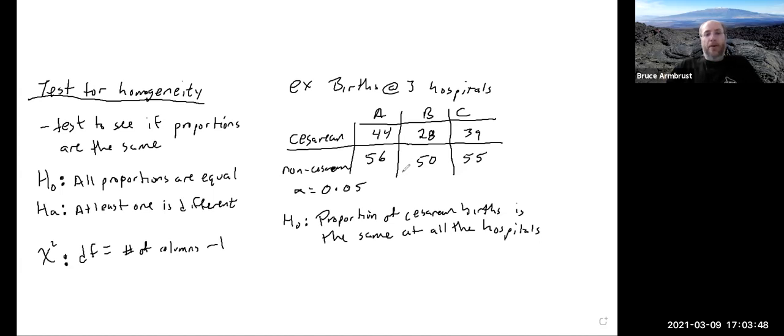So really, the test for homogeneity is just a special case of the test for independence. All right, so because of that, we're going to do exactly the same thing that we did before. We're going to take this information, put it into the matrix, and then do a chi-square on it. So functionally, you'll see that this is exactly the same.